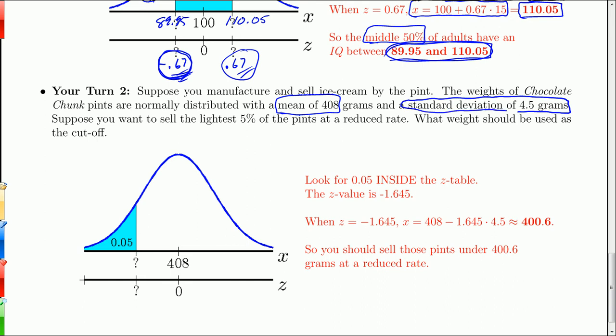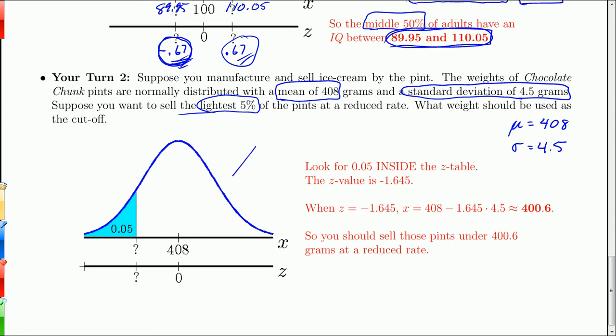So that means we have mu equals 408, and sigma is 4.5. I want to sell the lightest 5% at a reduced, or discount, rate. Don't want any angry customers. So the question is, what weight should be used as the cutoff? What determines the lightest 5%?